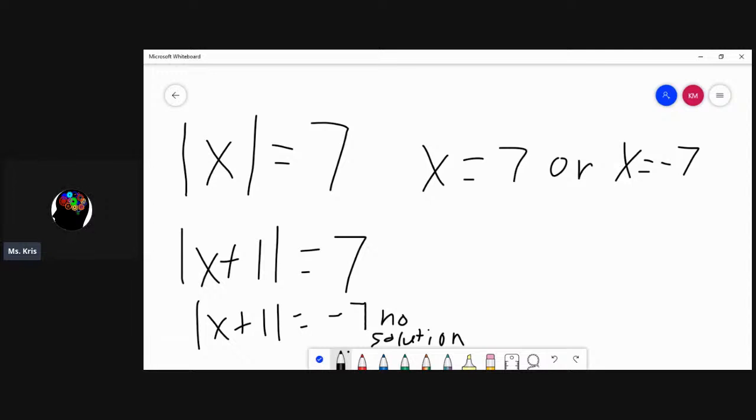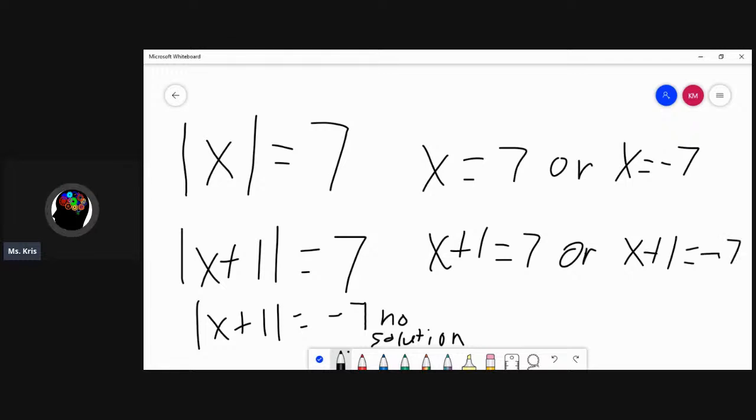because the absolute value tells us that I am this many units from the left or this many units from the right of 0. So if I did the absolute value of x plus 1 equals 7, that would be x plus 1 equals 7, or x plus 1 equals a negative 7.